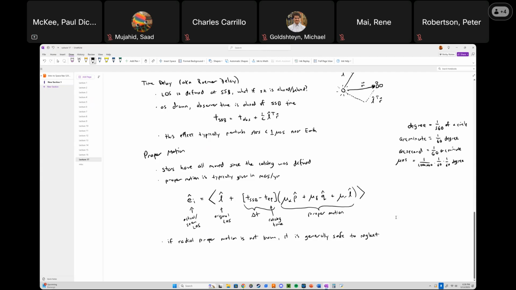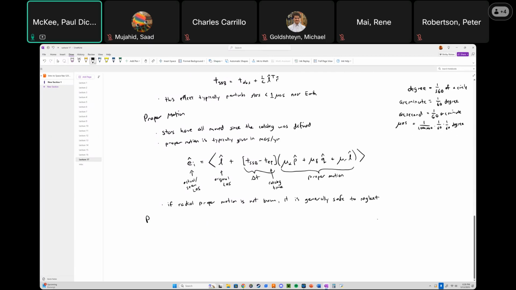Okay, the next bit is parallax. So in interstellar space, as we get moving far enough away from the sun, we could use a star's (3D) position to compute its line of sight.